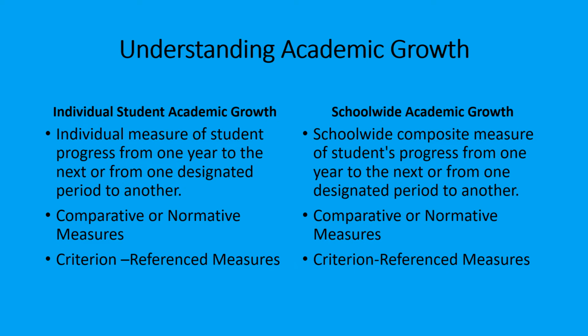expected growth. The requirement to be considered as having achieved expected growth may be that the student achieved the same score in 2023 as they did in 2022, or a higher score.